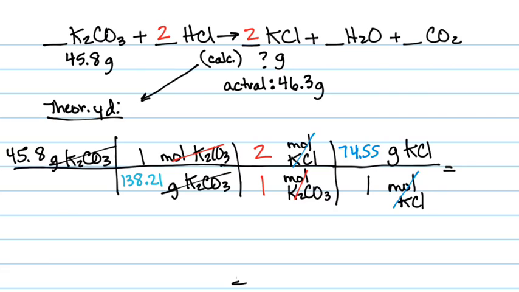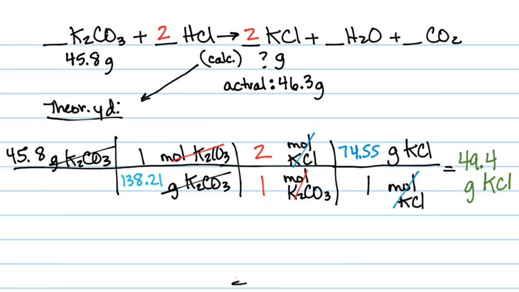74.55 grams. Multiply all the numbers on top of the line, divide by the numbers on the bottom of the line, and you will get 49.4 grams of KCl. Please make sure you double check your math that you can calculate that.